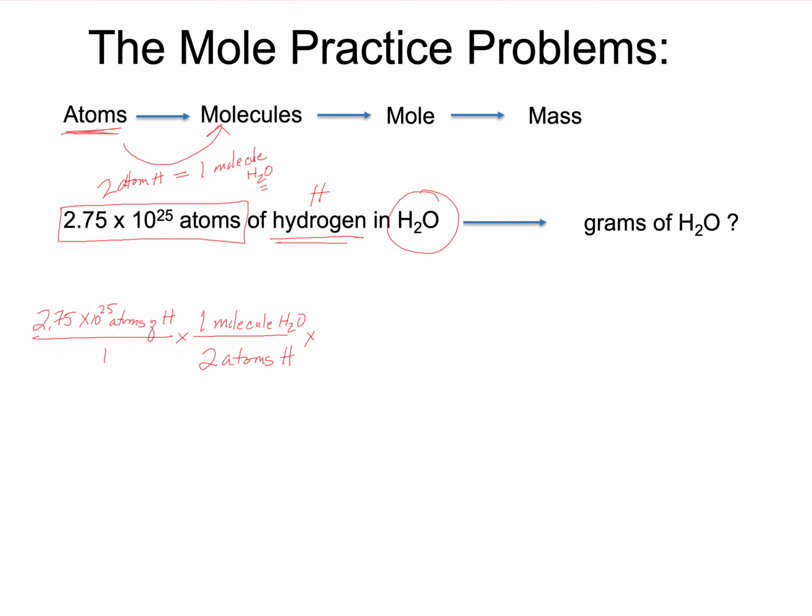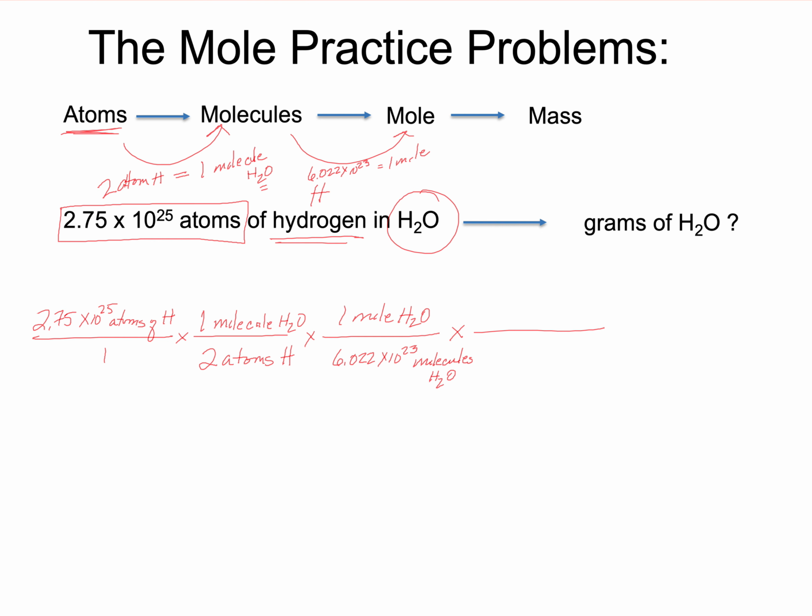And at this point, we can now move to going from molecules to moles. And this is Avogadro's number related to 1 mole. 6.022 times 10 to the 23rd is equivalent to 1 mole of any substance. So here we go. For every 6.022 times 10 to the 23rd molecules of H2O, that's equivalent to 1 mole of H2O.